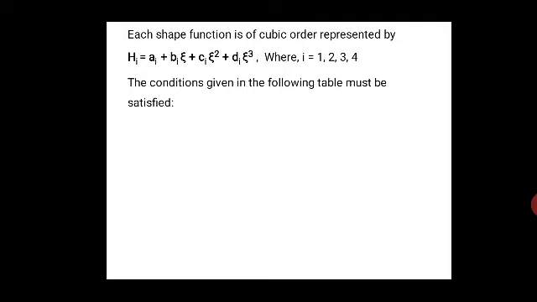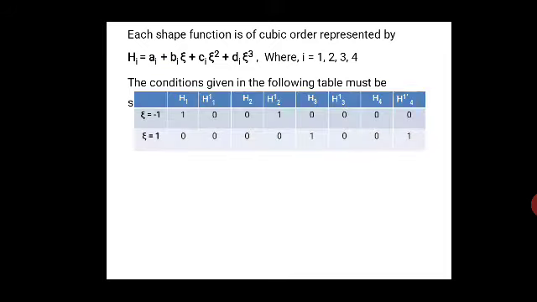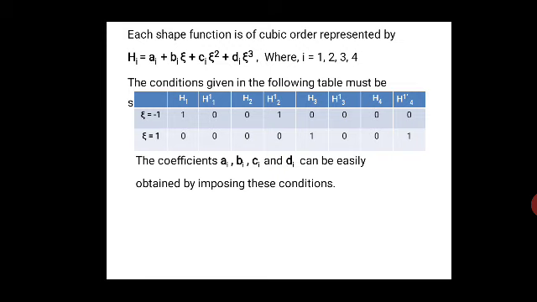Here each shape function is of cubic order. Let us take the conditions from the boundary condition table, and we need to determine the coefficients ai, bi, ci and di, which can be obtained by applying the above conditions from the table.